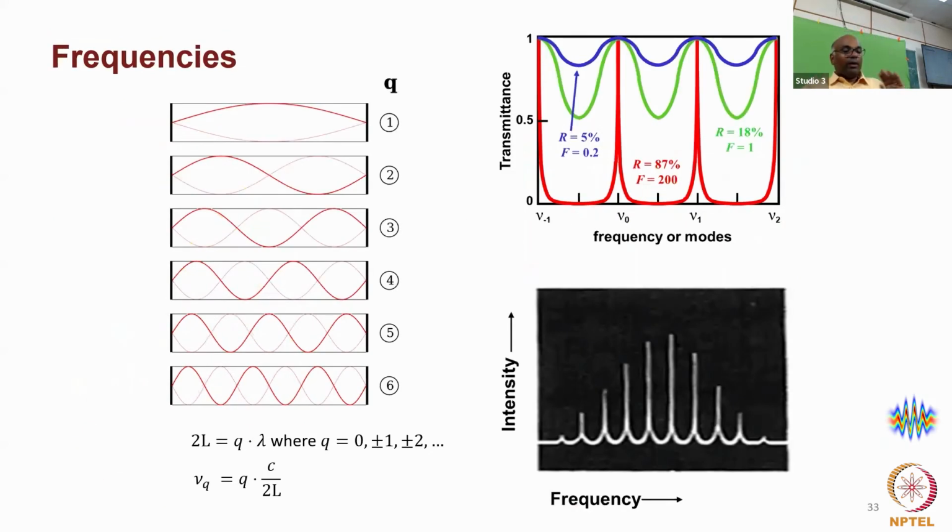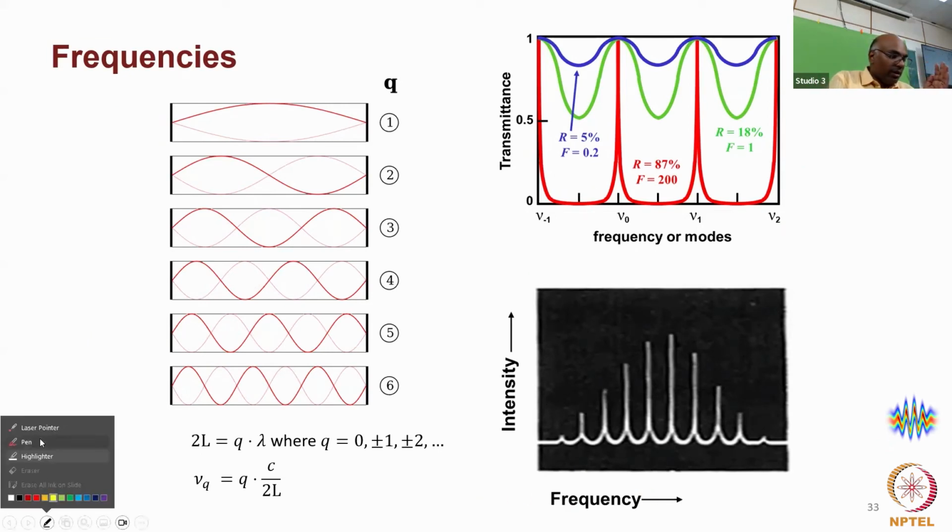Okay. Now, a real life resonator. In a real life resonator, we can indeed replicate this transmittance in an experiment. How do we do that? As I said, we sweep the wavelength or frequency, taking an echelon, or taking a Fabry-Perot.